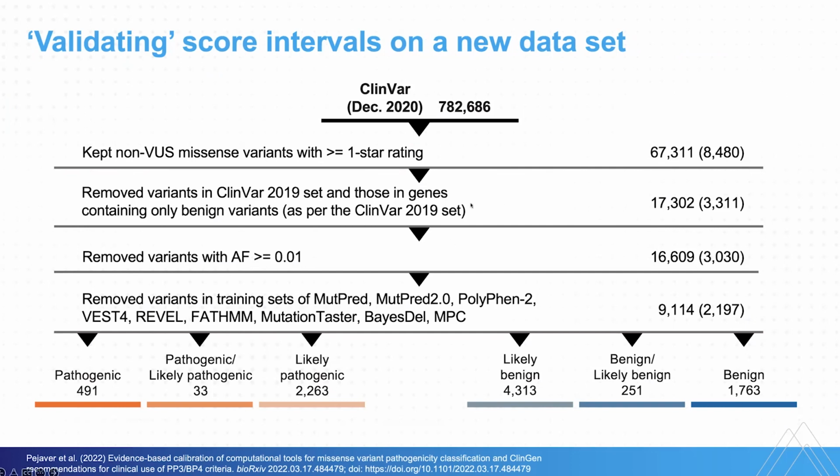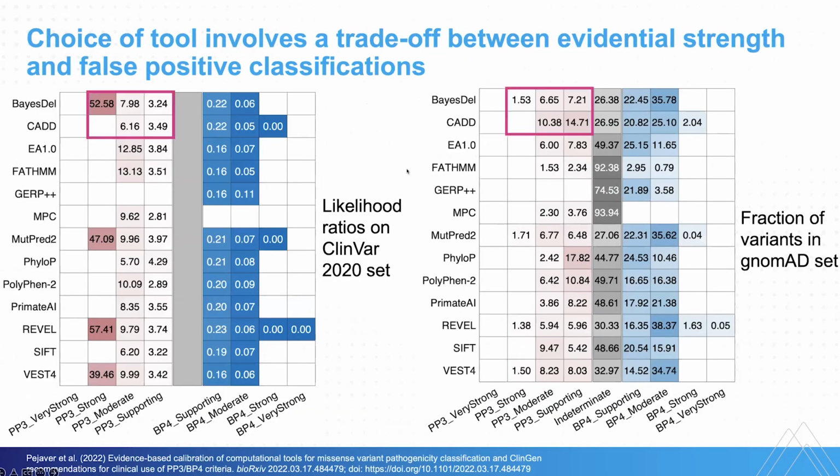The filtering steps were all very similar. We filtered against the training sets. We filtered against our calibration set as well. And we asked if we were to use the thresholds at face value, would we be able to get the same likelihood ratios back, or at least or higher, on the ClinVar 2020 set.